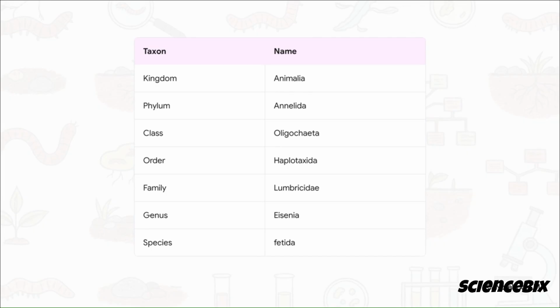Their specific apartment building is the family Megascolecidae, or Lumbricidae, known for having numerous setae, which are these tiny, hair-like bristles. And finally, we arrive at the exact apartment door, genus and species, like Pheretima posthuma or Eisenia fetida. Notice how every single step of this taxonomy is directly tied to a physical trait.